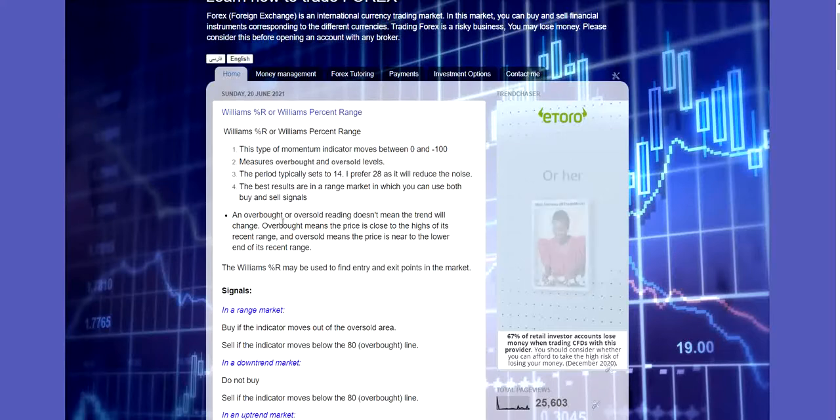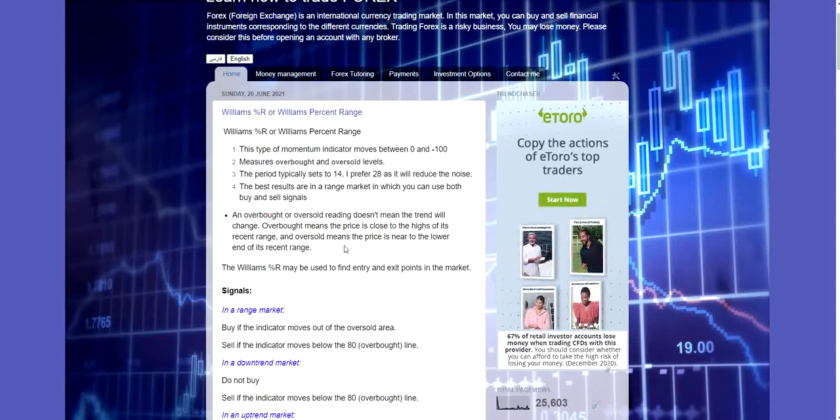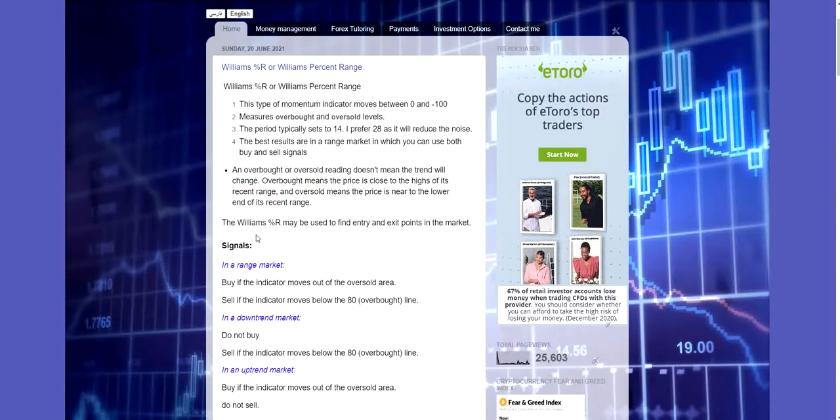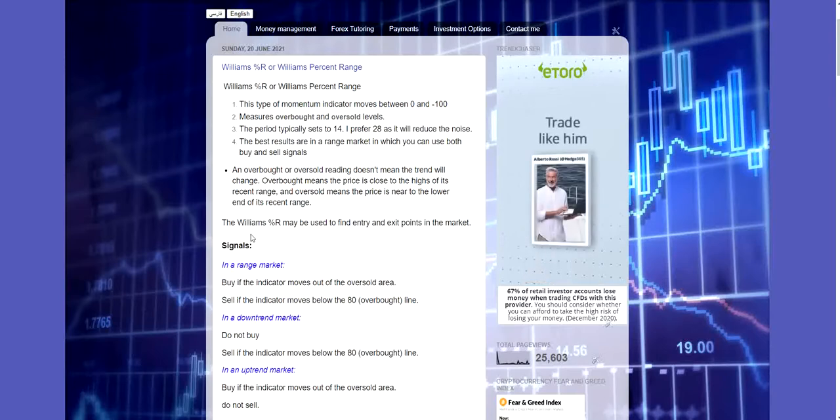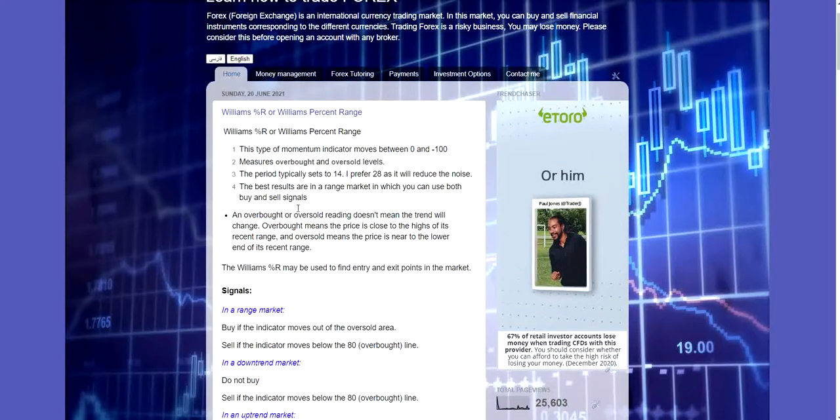Anyway, there are ways to manage the position in those markets. You can put stop losses, but it's very important to know what overbought and oversold mean, what market you're looking at, and what trend it has.